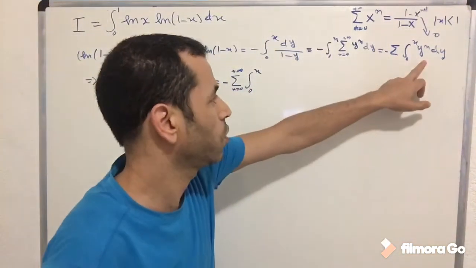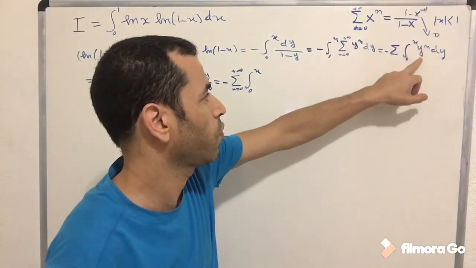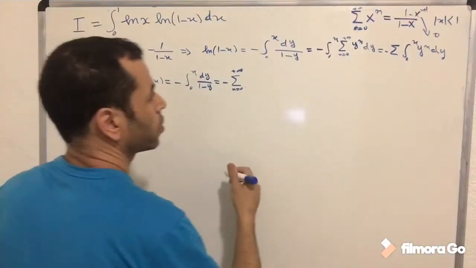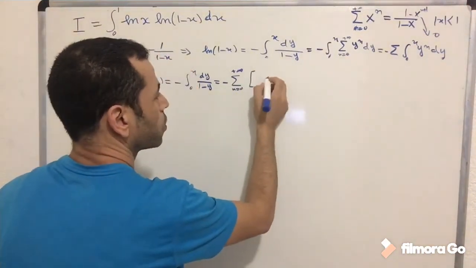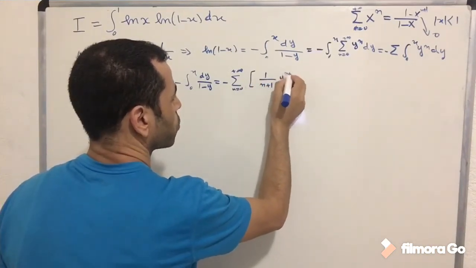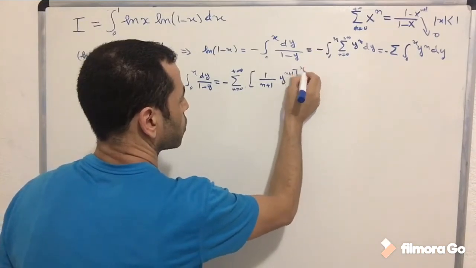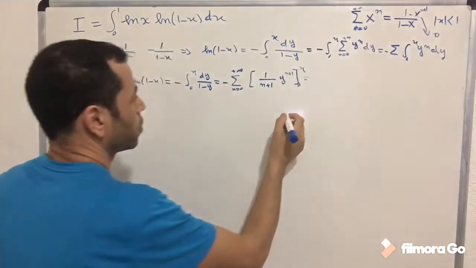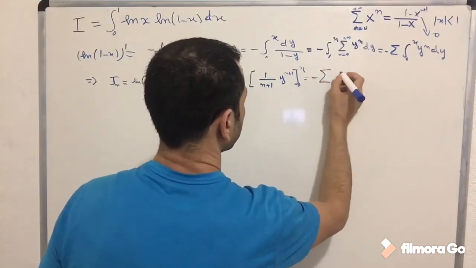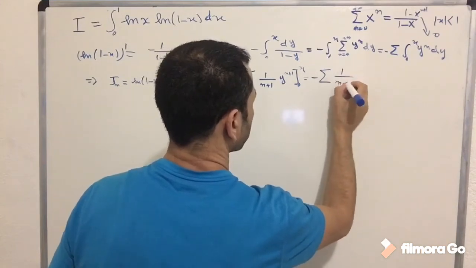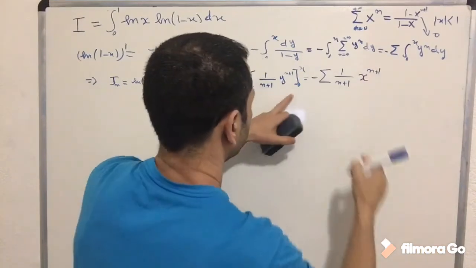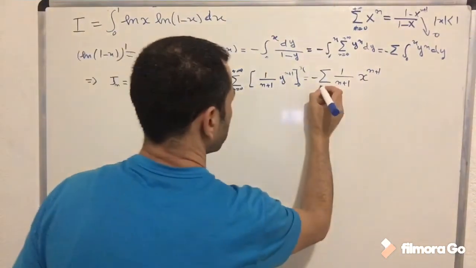If you integrate this, it becomes 1 over n plus 1 times y to the n plus 1, from 0 to x. This equals 1 over n plus 1 times x to the n plus 1 minus 0.